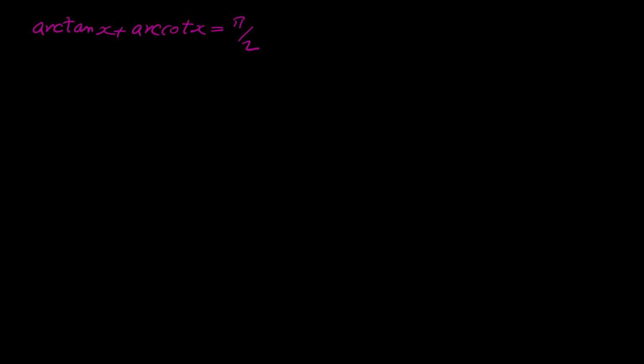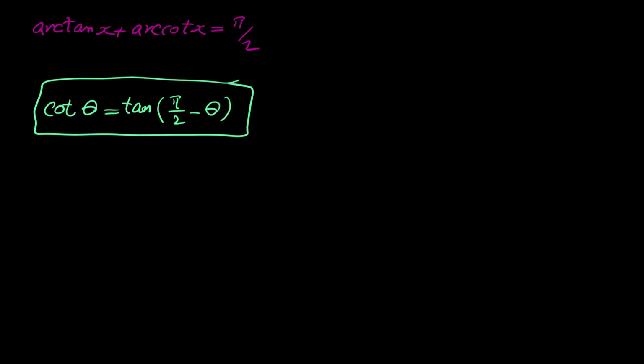The relation that I want to use here to prove this identity is this relation. Cotangent of theta is tangent of pi over 2 minus theta. This is a relation between cotangent and tangent. Cotangent of any angle like theta is always equal to tangent of pi over 2 minus theta.